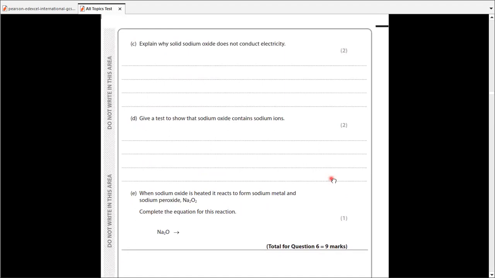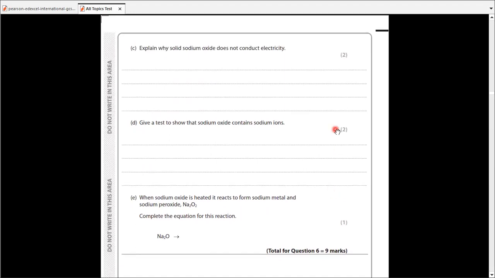Okay, C part, next page. Explain why solid sodium oxide does not conduct electricity.